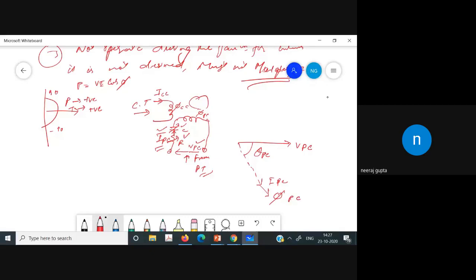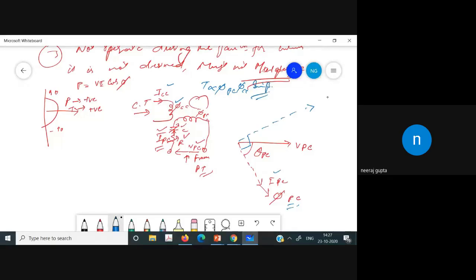Now, for producing the maximum torque, this ICC and the phi CC are at 90 degrees with respect to phi PC, because as you know, torque is proportional to phi PC, phi CC, sine of some angle, let us suppose beta.